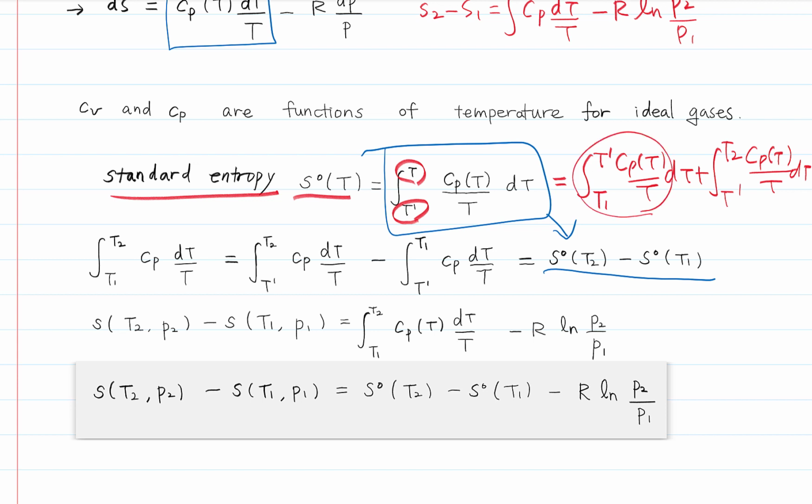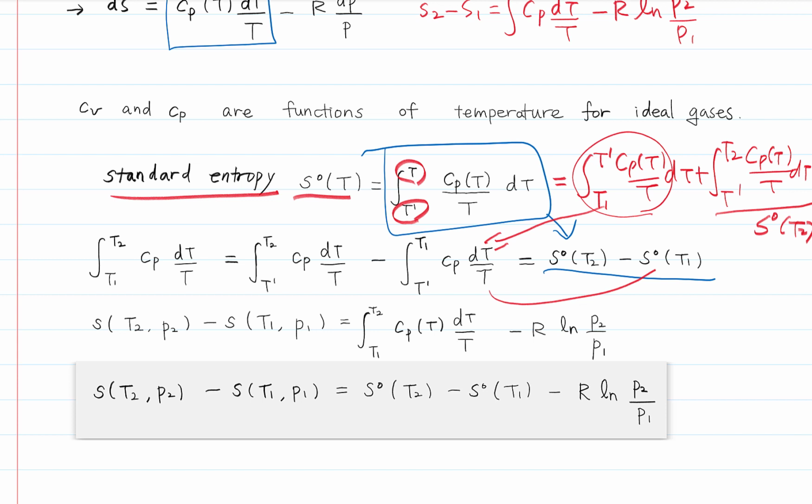And this integration equals negative integral from T prime to T1 of Cp dT over T. So this equals S degree at temperature T1. This is S degree at temperature T2.